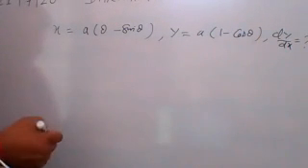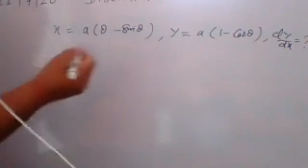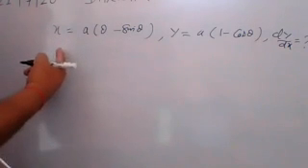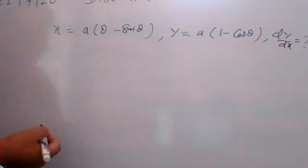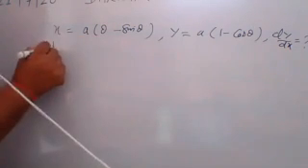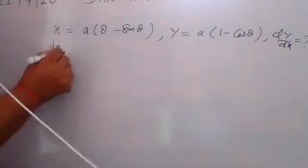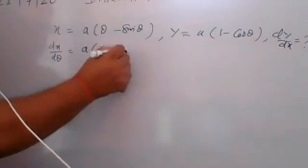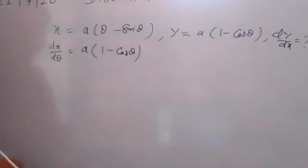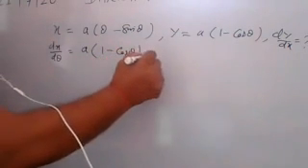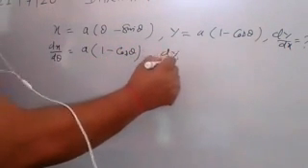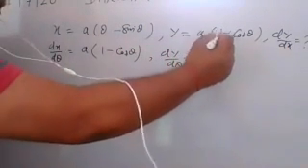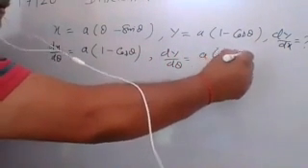Okay, so differentiate it. Differentiating here, theta is the parameter. So first of all, you find the value of dx by d theta. So you write dx by d theta is equal to a into 1 minus cos theta. And in the same way, dy by d theta is equal to a into sine theta.